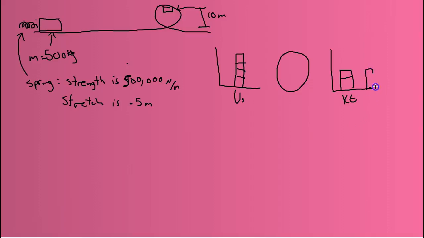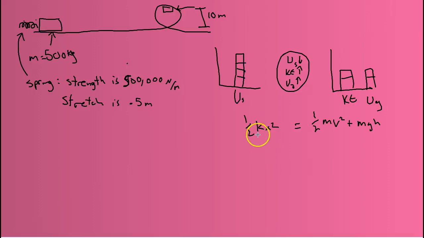Okay, so we have it in these buckets here at the end. And we know that elastic potential energy was transformed into kinetic and gravitational potential energy. Okay, so we can write an equation, 1/2 kx squared for elastic potential energy. For kinetic energy it's 1/2 times m times v squared. And then for gravitational potential energy, that's mgh.